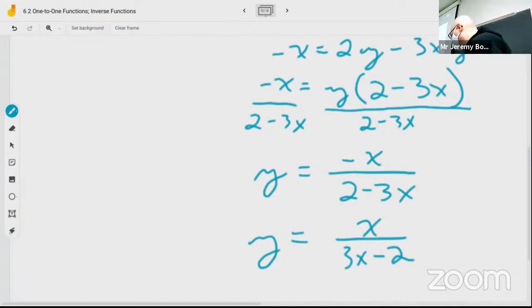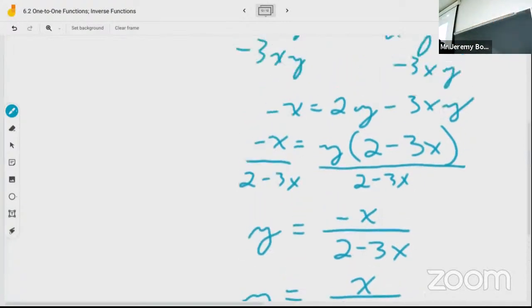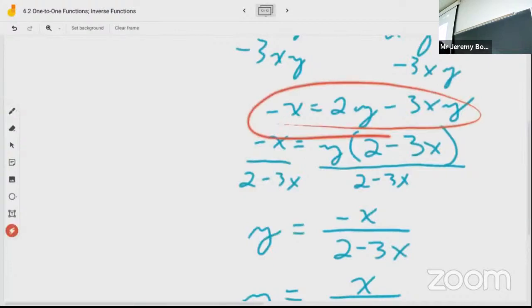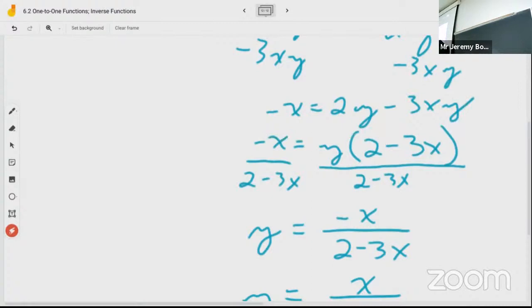Mm-hmm. The negative x equals 2y minus 3xy. Why can't you just divide it by negative 3x here? So you're talking about just dividing this whole thing by negative 3x to get rid of that? But if you did that, you would end up with this over negative 3x as well.